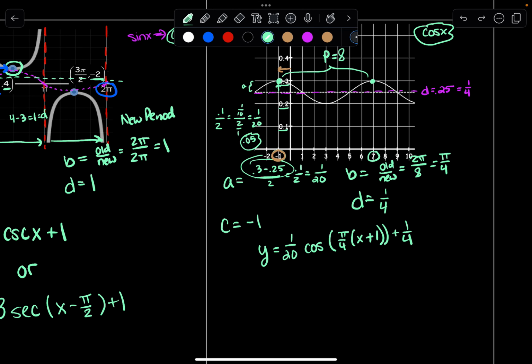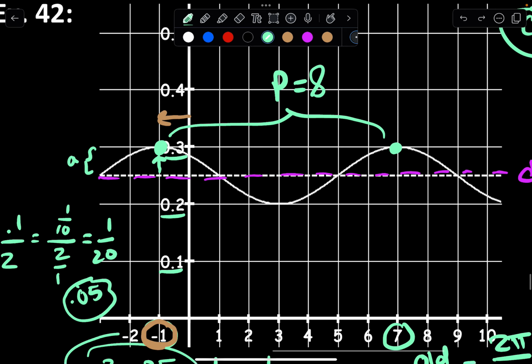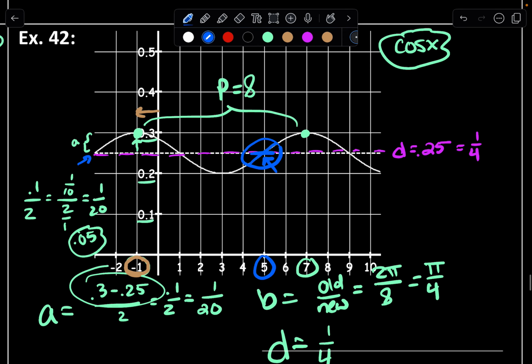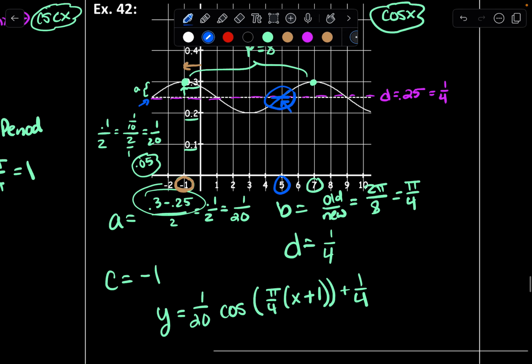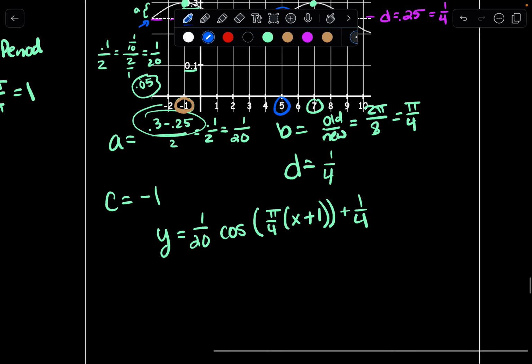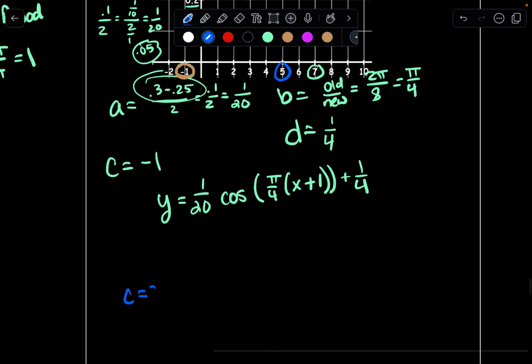Now, if you did want to use sine, you would use this point here. Or I guess you could use this one as well. But it's where sine is crossing the midline and it's increasing through the midline. So we could use that to write a function rule for sine. So this point is at 5. So C would equal 5. So we could have y equals 1/20, positive sine.